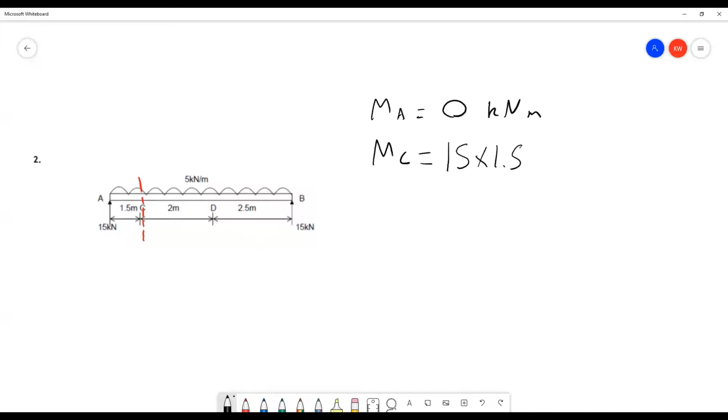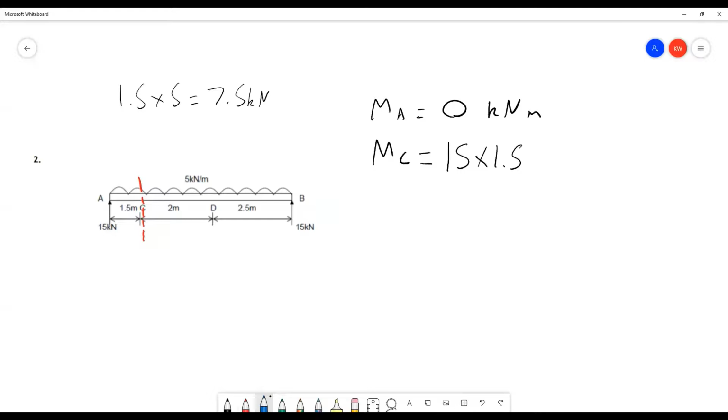We're considering over a 1.5 meter section of the beam, and if it's 5 kilonewtons per meter, what we're going to have here is 1.5 for the number of meters times 5, which gives us a 7.5 kilonewton force to consider. And you remember from the previous section, when we have a UDL and we want to use the force it contributes in our calculations, we apply it in the middle of the section it applies to.